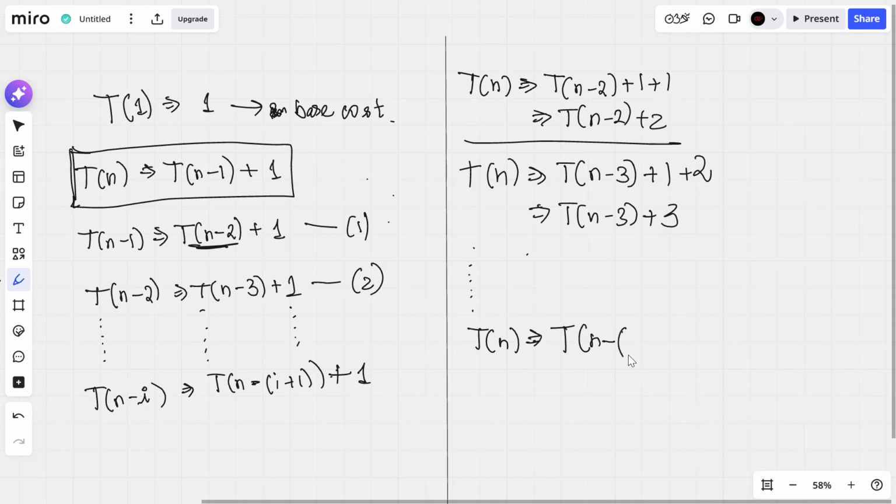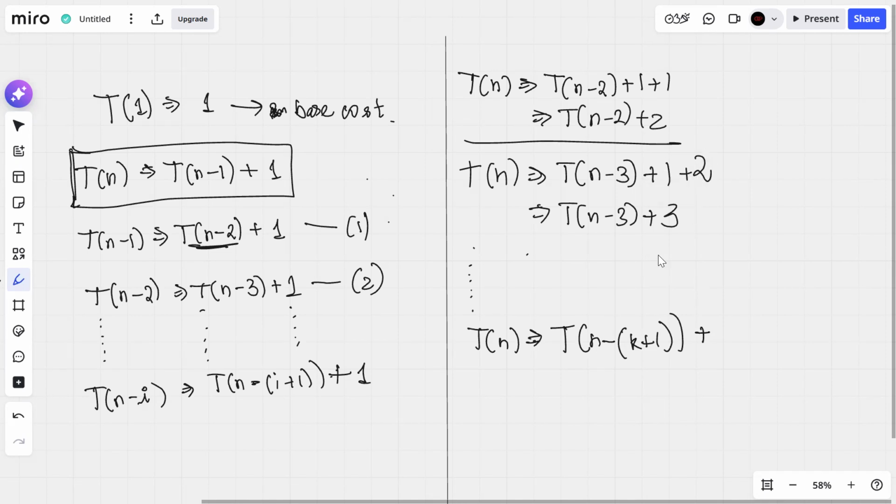So that becomes plus 1 from the previous equation and plus 2 from its own equation. When I consider this 2 as k, instead of 2, 3, I'm just putting k, so here it will become k plus 1. So t of n minus k plus 1 plus this 1.